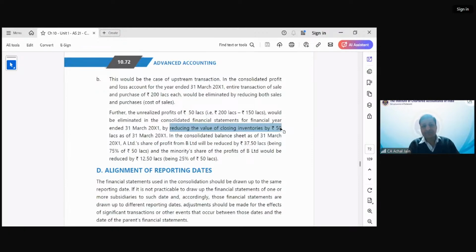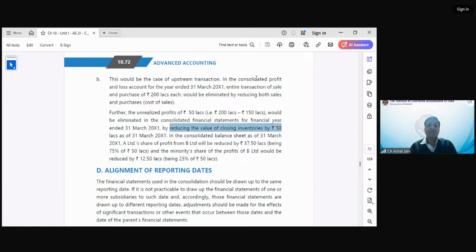But in this case, because the sale has been made by subsidiary to holding, the profit that you generate, 50 lakhs, this belongs to whom? In the consolidated balance sheet, this profit would have been passed on to whom?